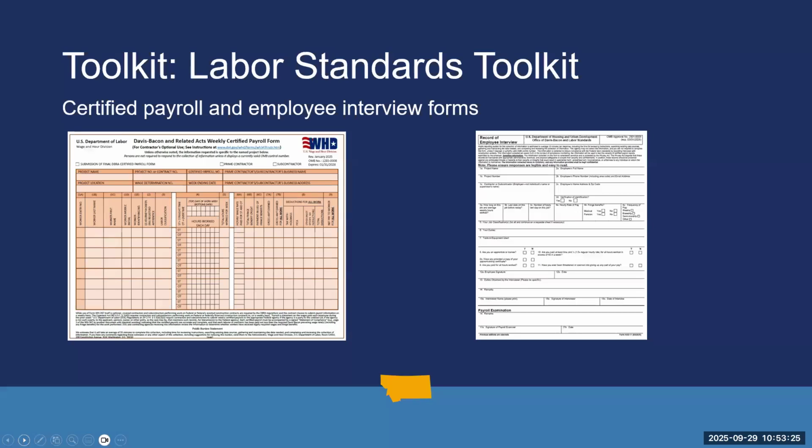The LSO toolkit also includes copies of the HUD required certified payroll form and employee interview form with instructions on how they must be completed and what to look for when reviewing the certified weekly payrolls against the Davis-Bacon wage determination. Next slide.